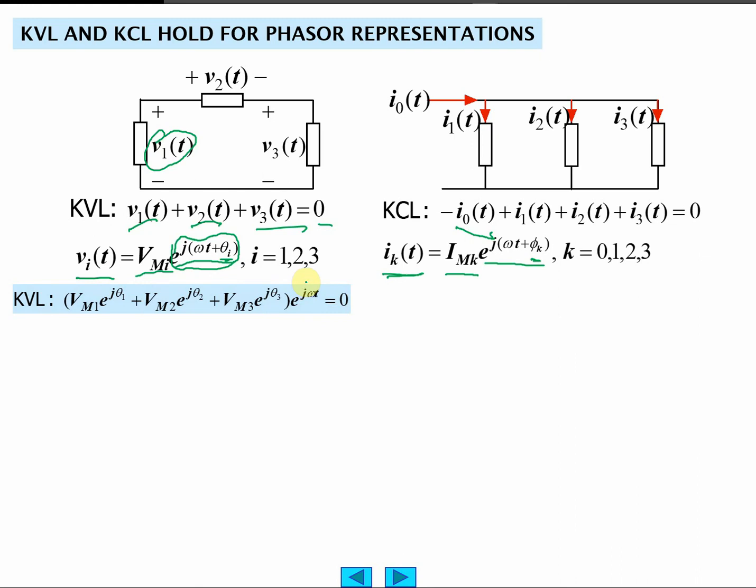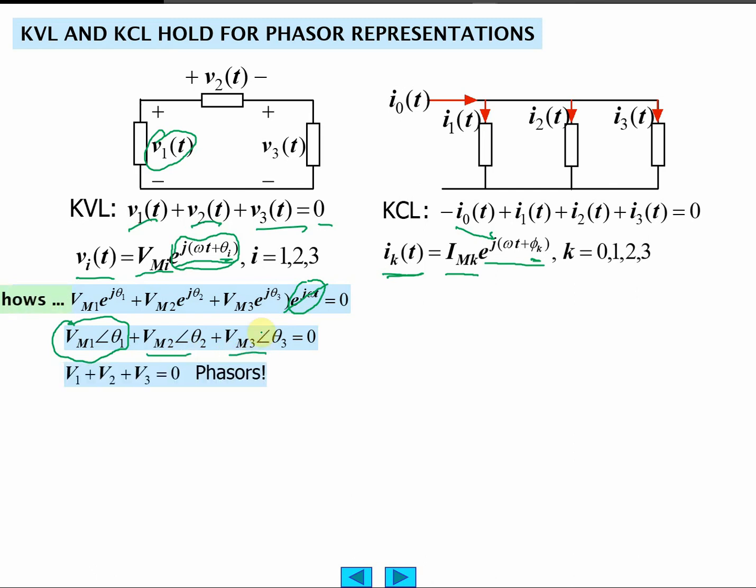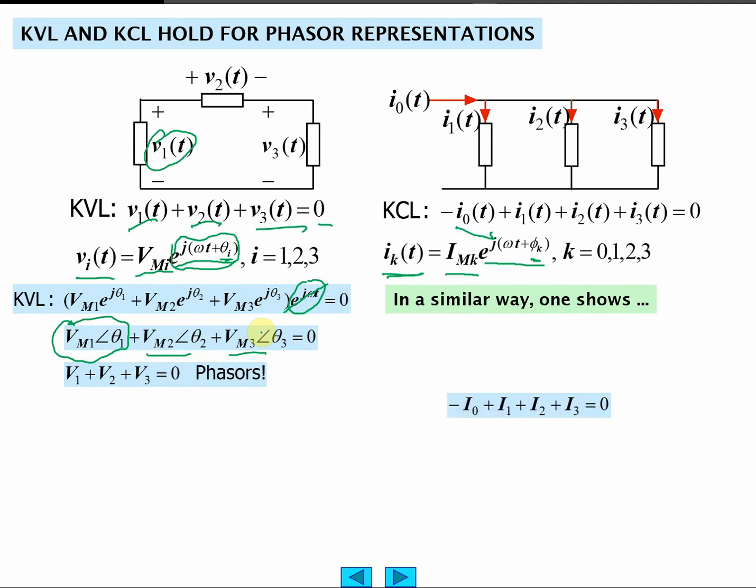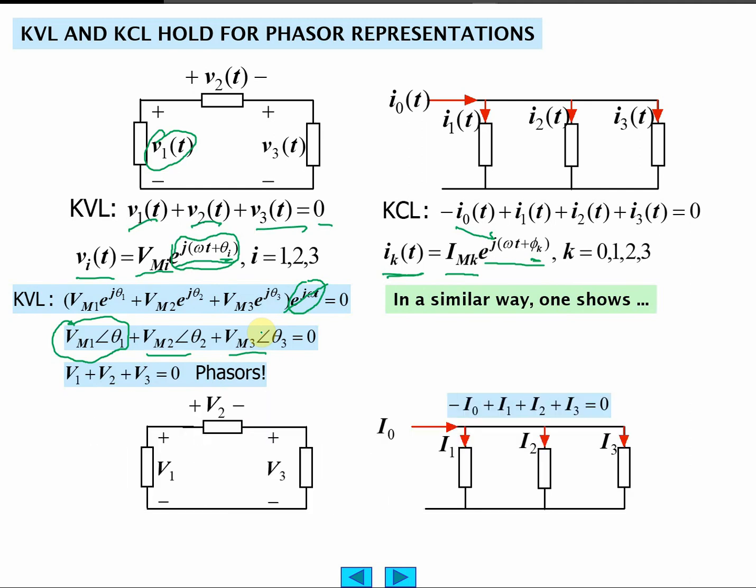So for evaluating KVL, we can factor this out and write it in our phasor notation. All three numbers in the phasor notation. Current, similarly, very similar type of analysis.